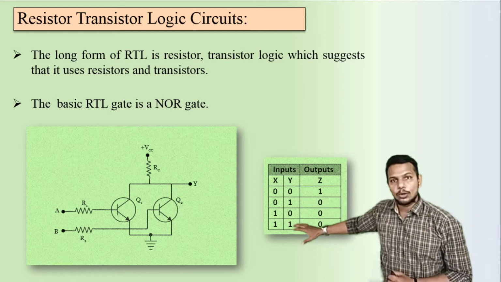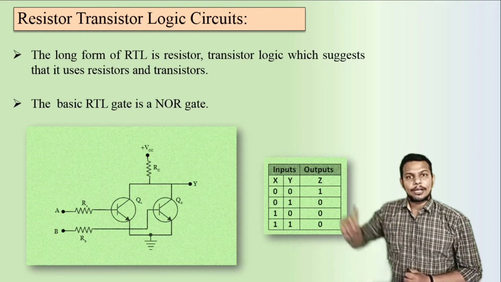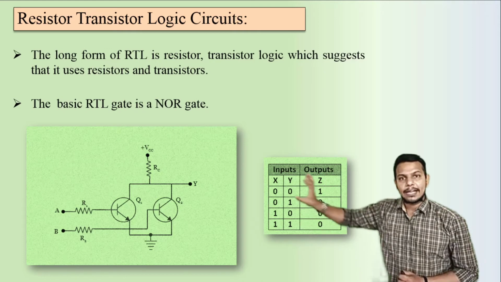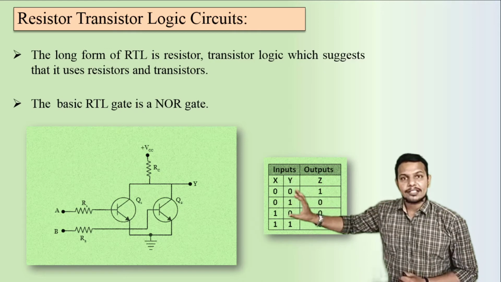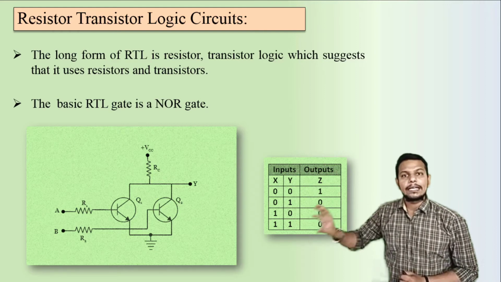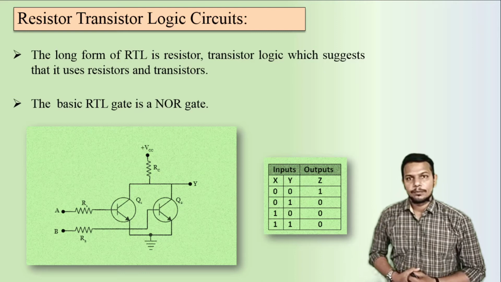Similarly for 1 0, one transistor will be on, so your collector current flows, and due to this collector current there will be a voltage drop across the RC. That's why your VCC is not directly equal to the output, and your output will be 0.